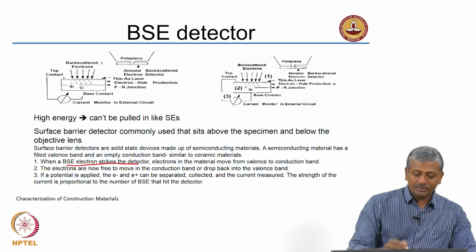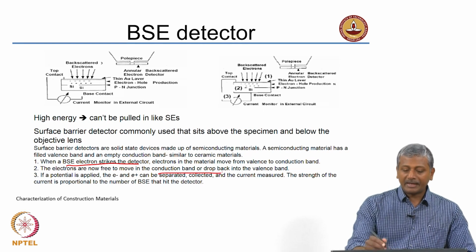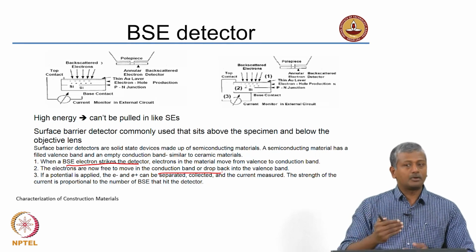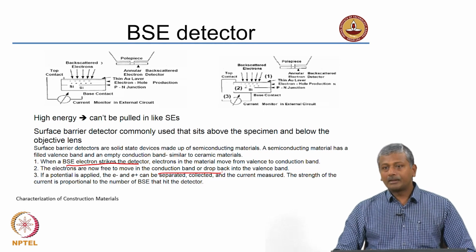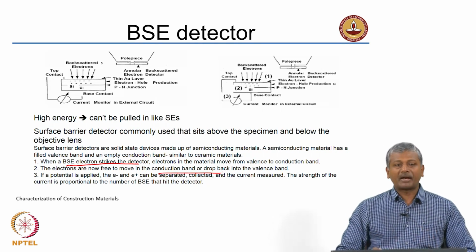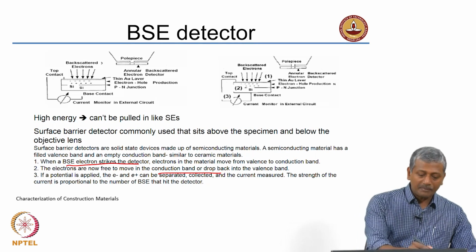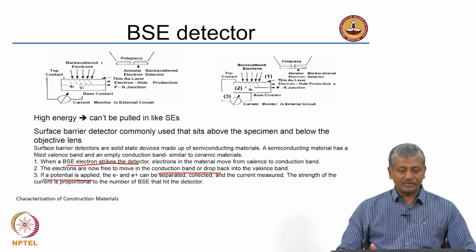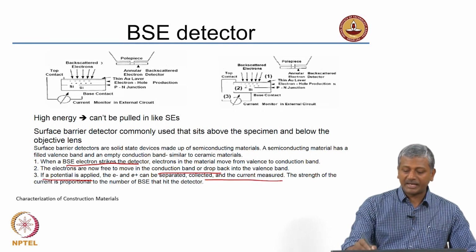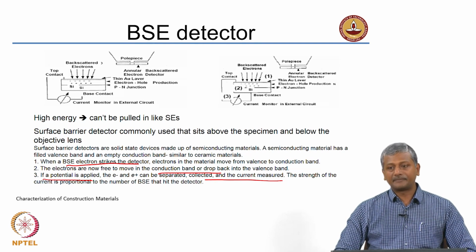Now, the electrons in the conduction band can either continue to move in the same band or drop back into the valence band. Of course, for stable configuration they need to drop back into the valence band, but if a potential is applied, you can separate the electrons and collect them and measure the actual current in the detector.